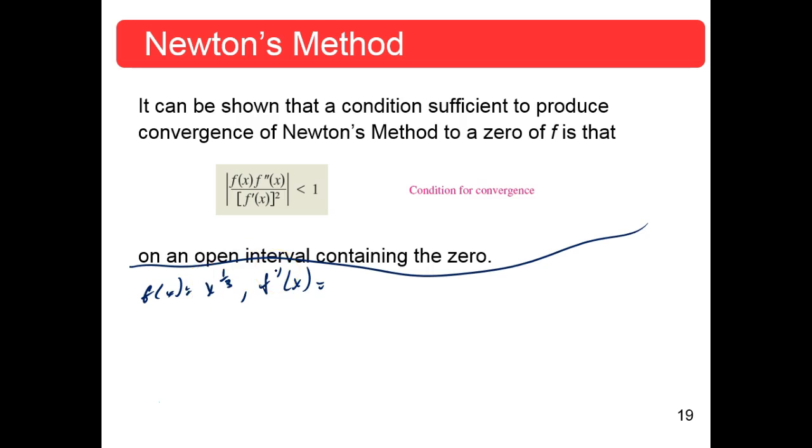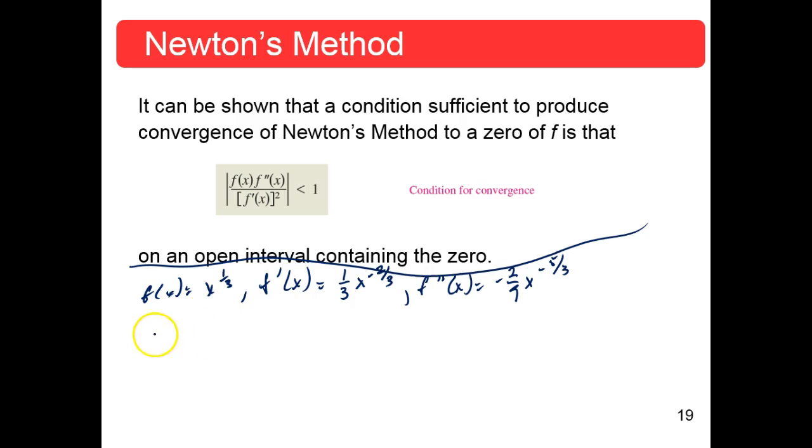What's f prime? 1 over 3 x to the -2/3. Right. Okay. And we'll also need f double prime. And that's going to be -2/9 x to the -5/3.